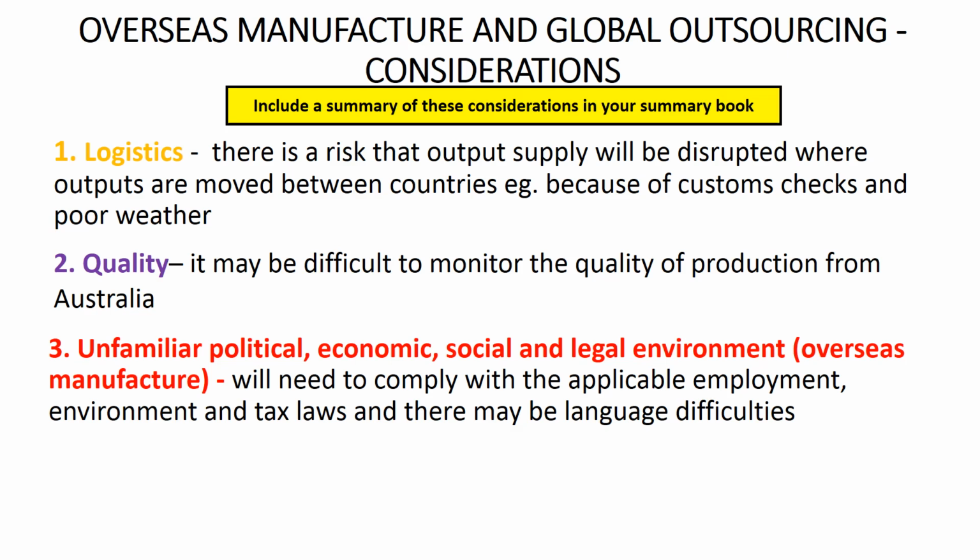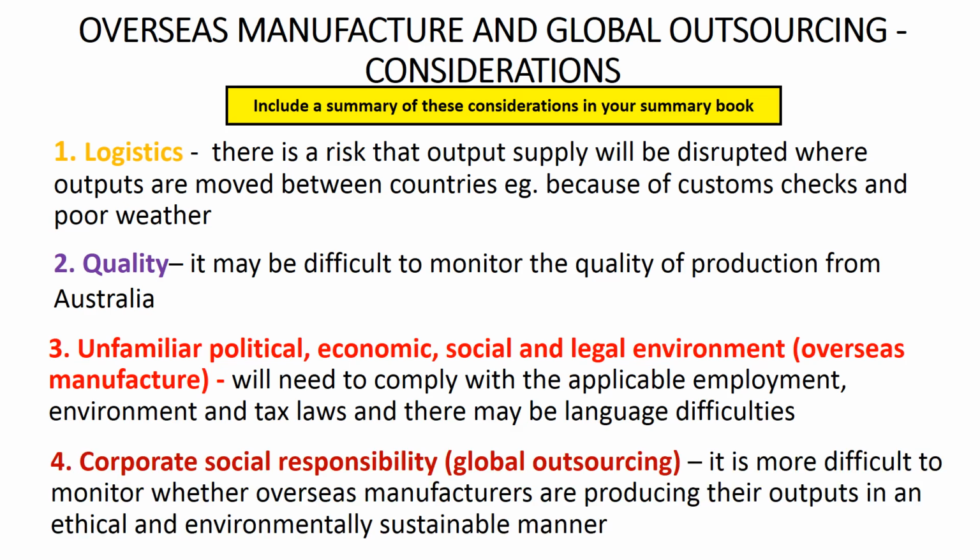The fourth consideration is relevant to global outsourcing. Where an Australian business's output is being produced on its behalf by an overseas manufacturer, it is more difficult for the Australian business to monitor whether that overseas manufacturer is complying with its corporate social responsibility obligations.